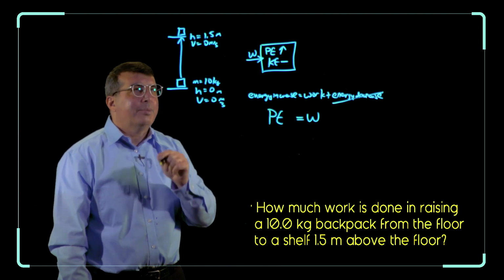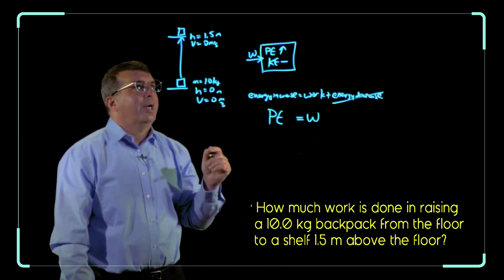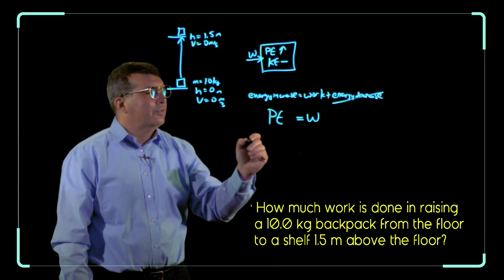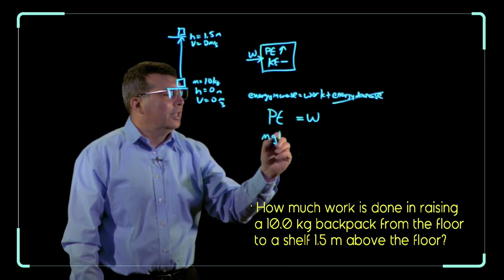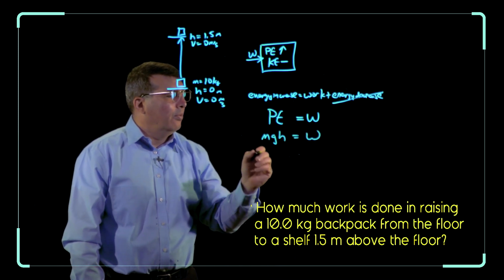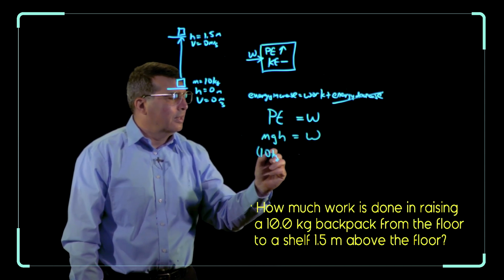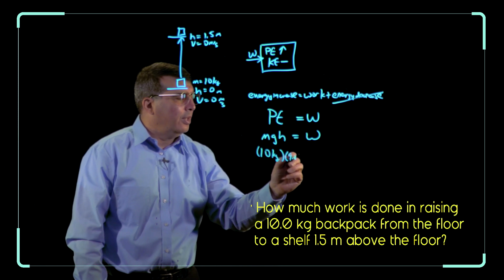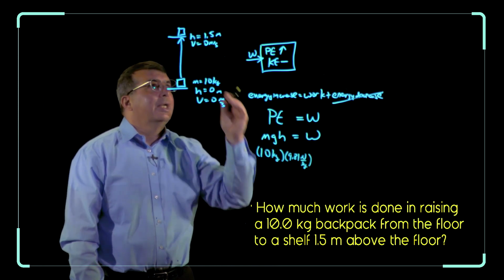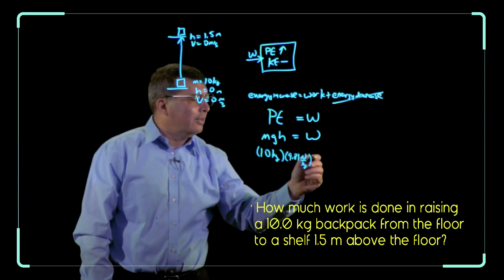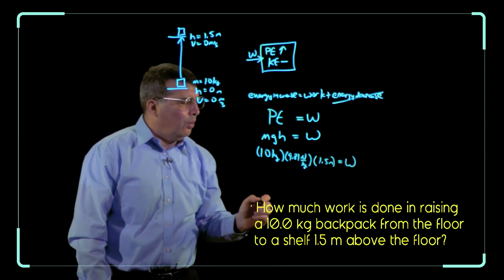So what did the potential energy increase by? Well, it increased to mass times g times height, where mass is 10 kilograms, g is 9.81 newtons of weight per kilogram of mass, times a height of 1.5 meters, and that is equal to our work.